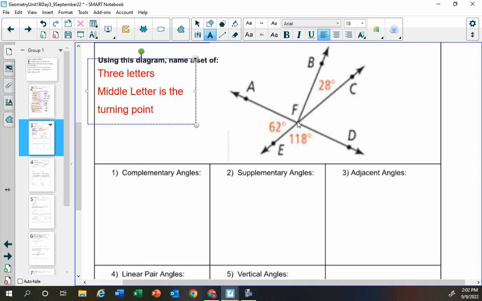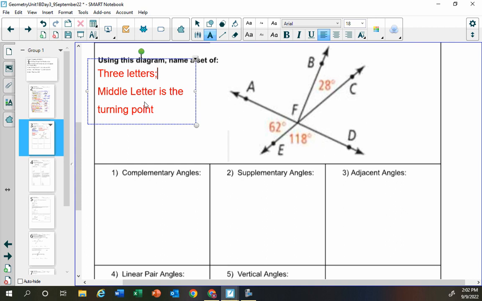Now sometimes that might be, boom, right in the middle. And in this case, that could happen. And I'm going to show you why that might happen. All right. Three letters, middle letter is the turning point. And in all these cases, there's going to be a turning point for each and every one of our angles.